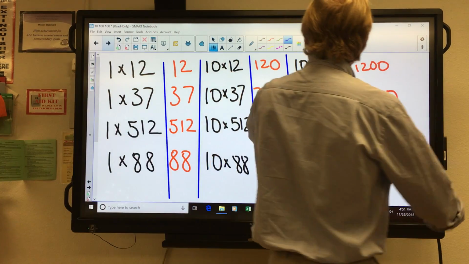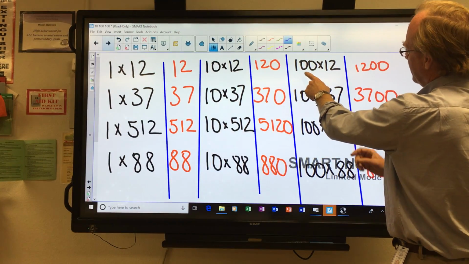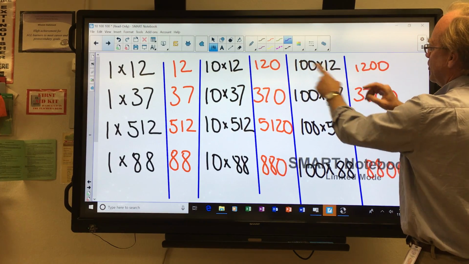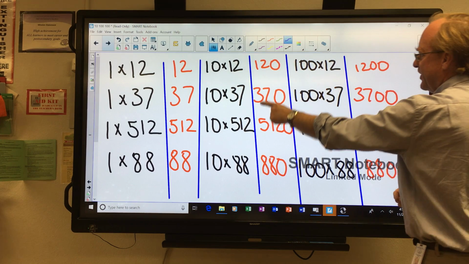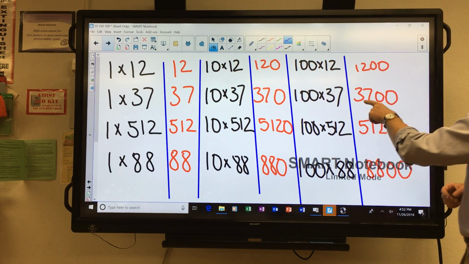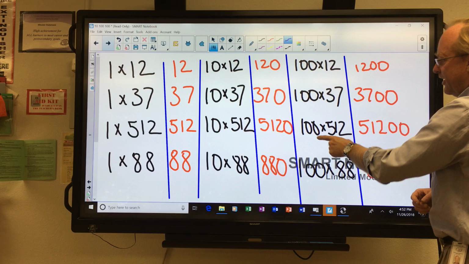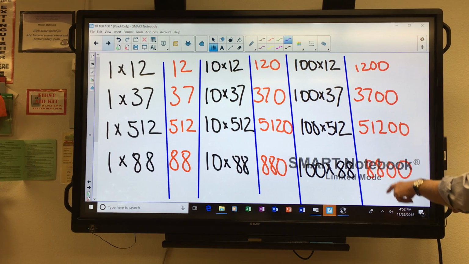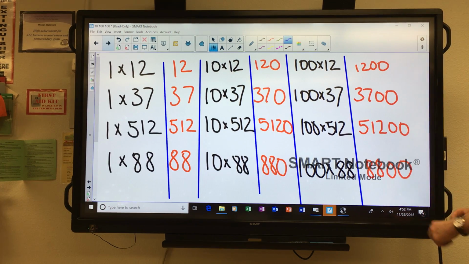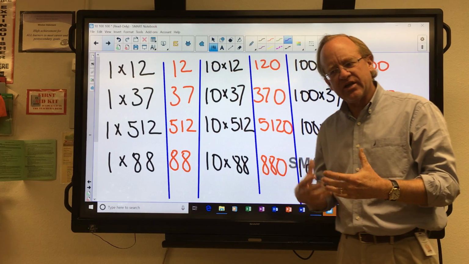Same thing. If we add another 0, we're multiplying by 100. We're jumping from 120 to 1,200. Jumping from 370 to 3,700. 100, we're going to be 51,200. 88 times 100, 8,800. So this is a really nice little thing you can use.